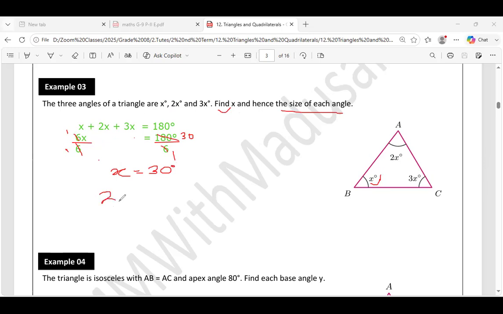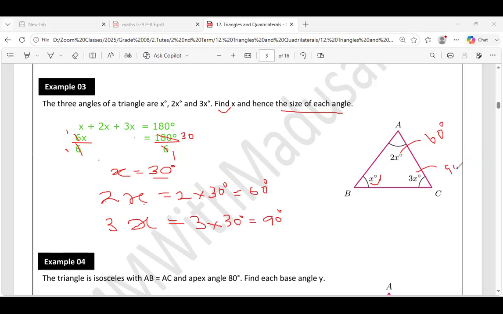So you have to find the value of 2x and the value of 3x. 2 multiplied by x means 2 times 30, which is 60 degrees. 3x: 3 multiplied by x means 3 times 30, 90.